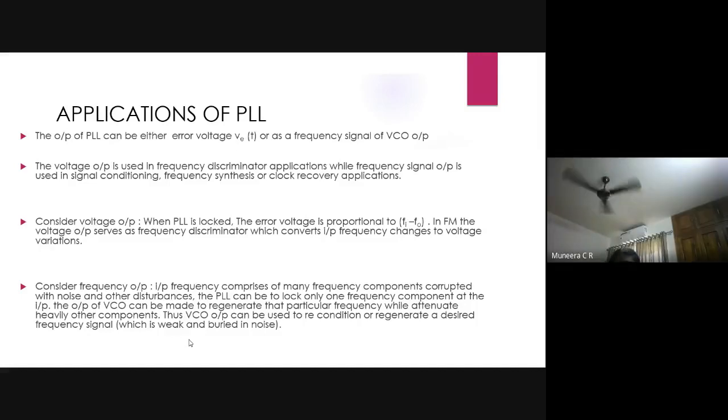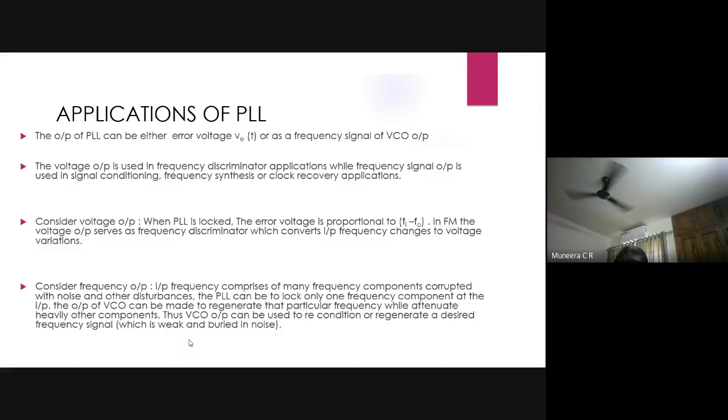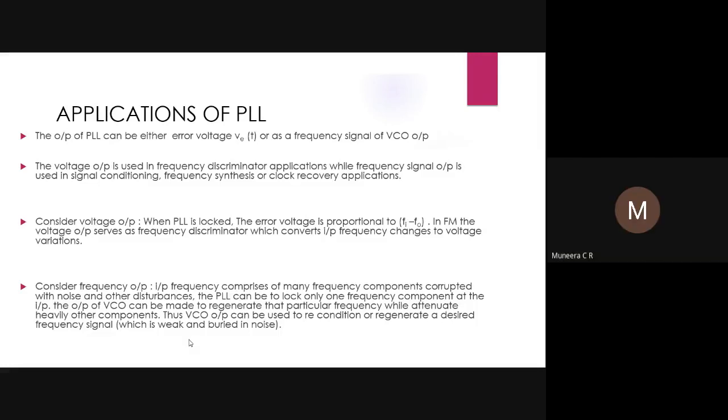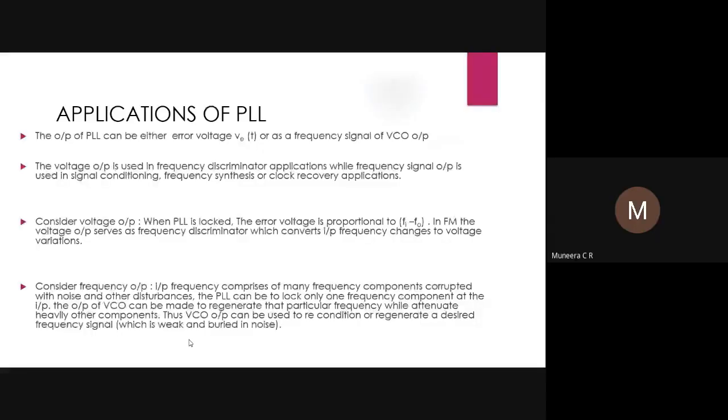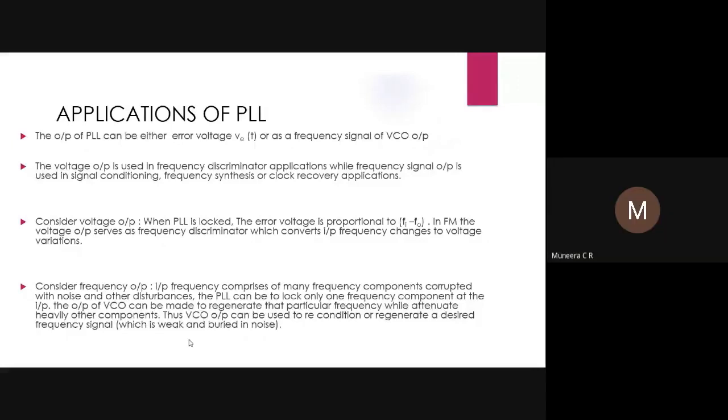So on the receiver side, we have to note down the variations of the FM signal from the carrier frequency, which correspond to the information signal. So PLL is the best option for demodulating an FM signal.